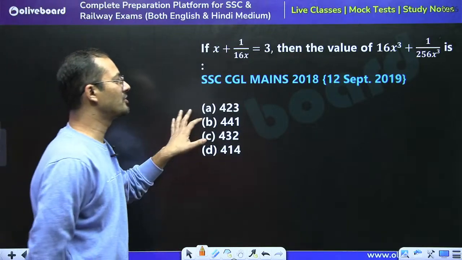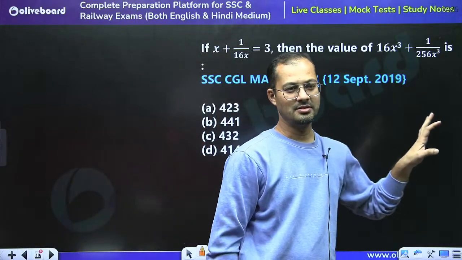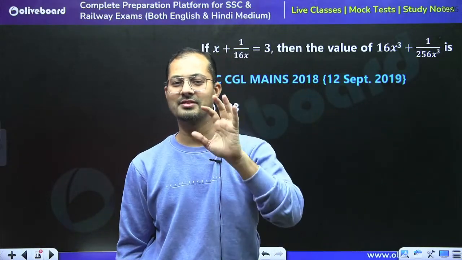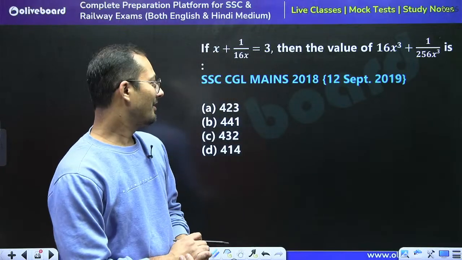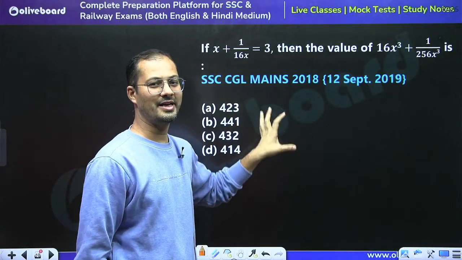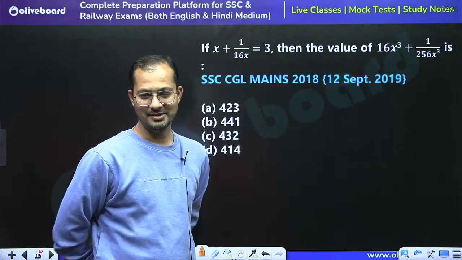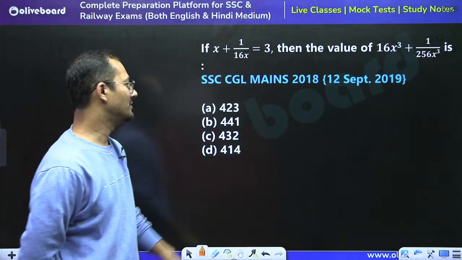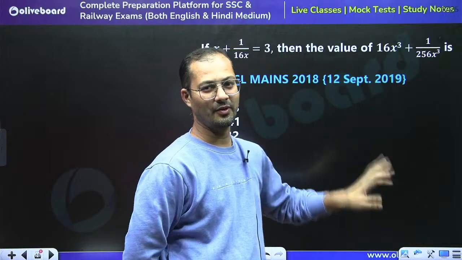If you are not able to do this question, just give a surprise emoji. If you are thinking that this question is giving you a surprise and you are not able to do it, then I'll tell you the proper way of doing it, okay?